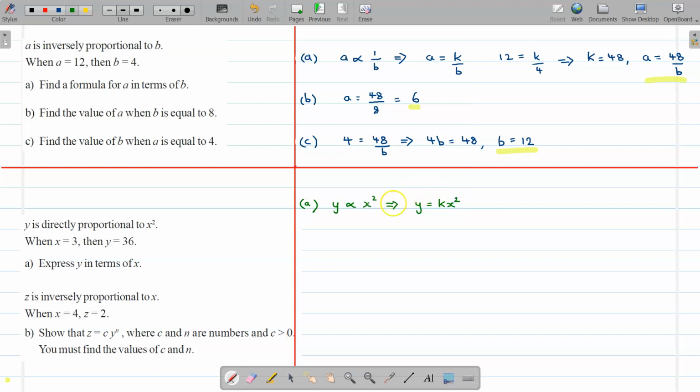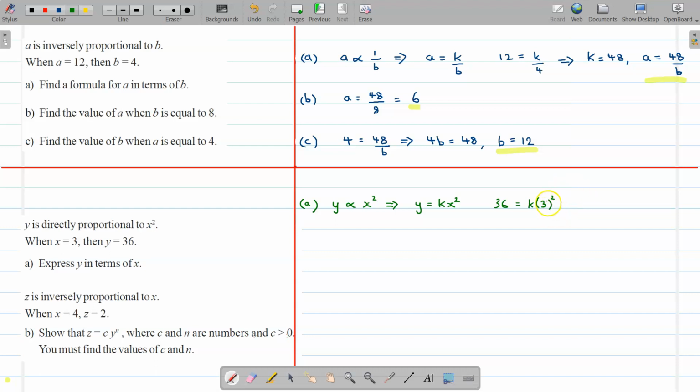Now, we know that when x is 3, y is 36. Okay, so we know that 36 is equal to k times 3 squared. Okay, substituting the y with 36 and the x with 3.